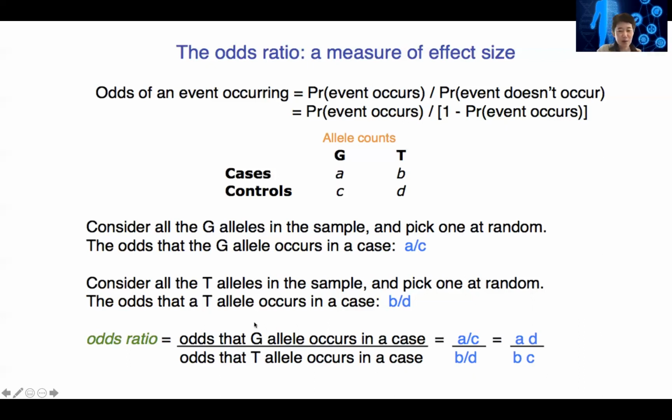But then here we're looking at the odds ratio, which is the odds that G allele occurs in a case divided by the odds that T appears in this case.